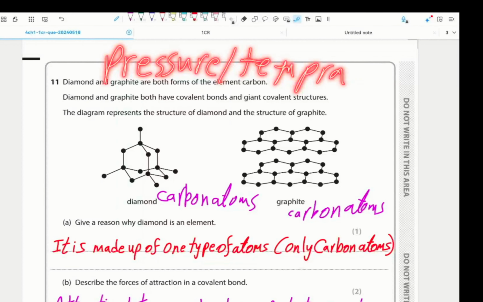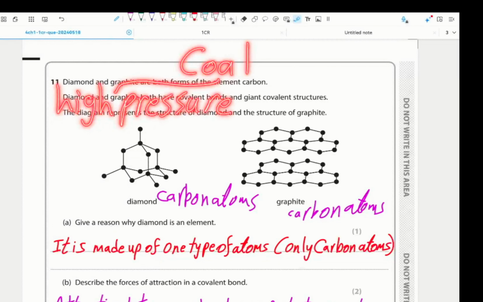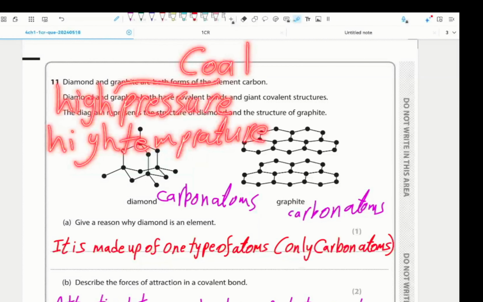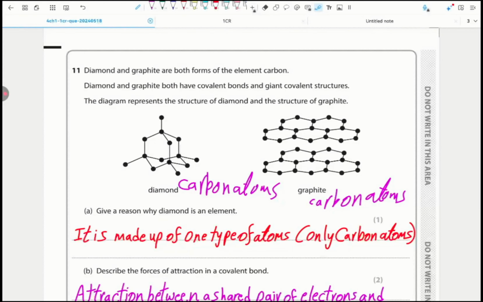For example, if you bring a piece of carbon, which is coal, and put it under high pressure and high temperature, this piece of coal is going to be like a diamond.